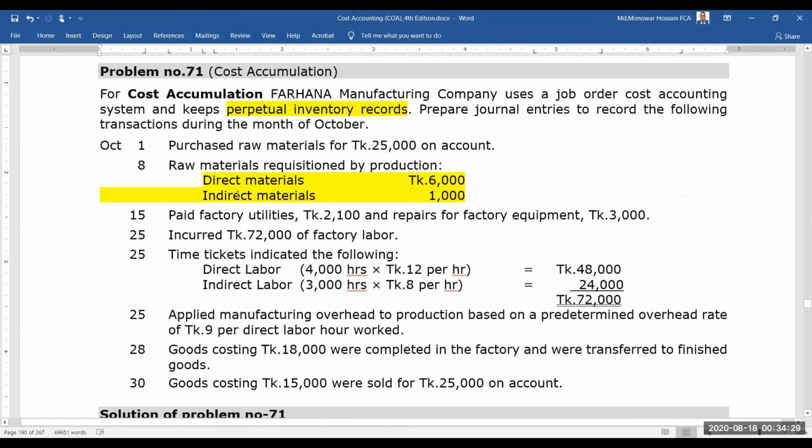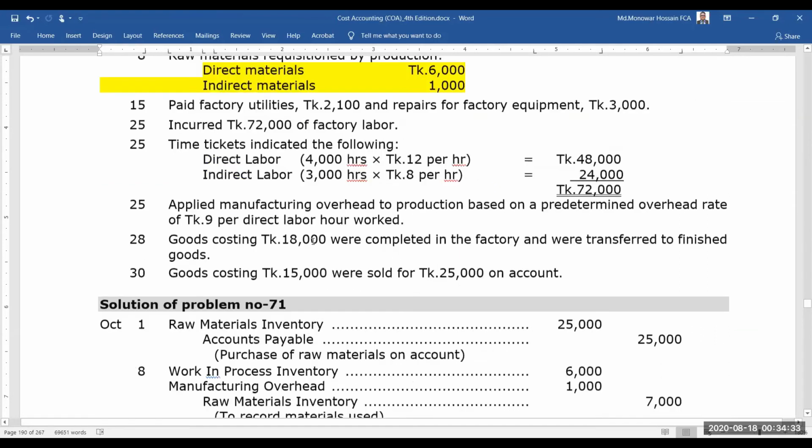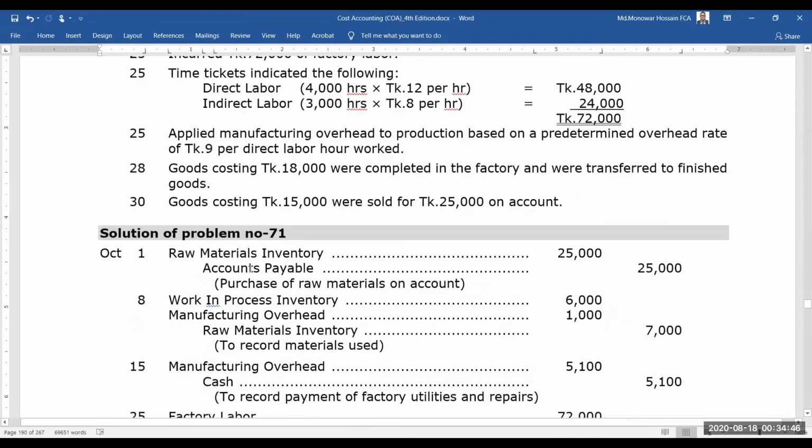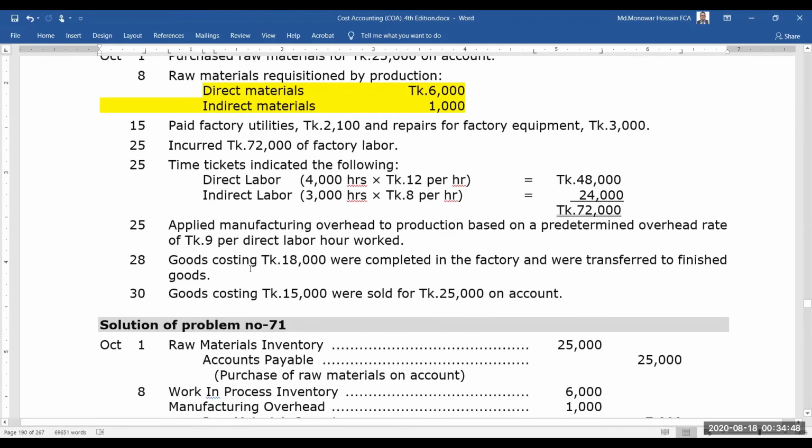And on the 8th, raw materials requisitioned to production, direct and indirect. So look here, work in progress inventory is the direct material 6,000, manufacturing overhead 1,000, so raw material inventory 7,000 credit to record material use. And on the 15th, paid factory utilities 2,100 and repair of factory equipment 3,000.